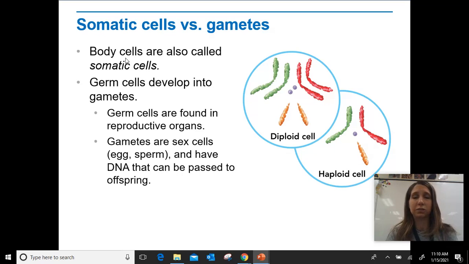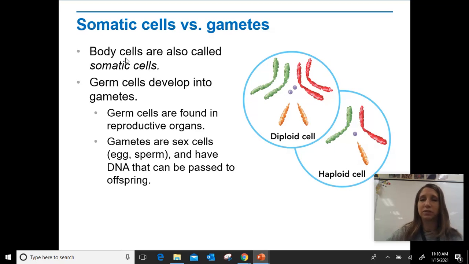Our goal in sexual reproduction is to create unique offspring, and a lot of that comes from the gametes, or the sex cells, the egg and sperm, that we create through meiosis occurring in the germ cells that make up these reproductive organs. And so the sex cells, the gametes that we create here, are not going to be all the same. Unlike what we saw in mitosis, we're going to see differences occurring in the sperm and egg cells that we create through this process.